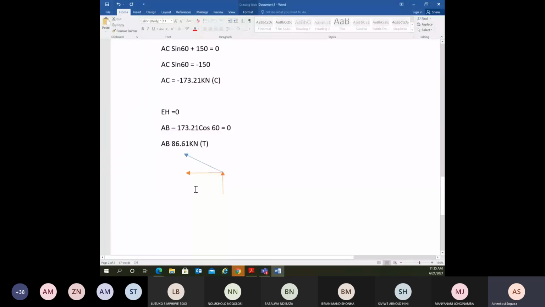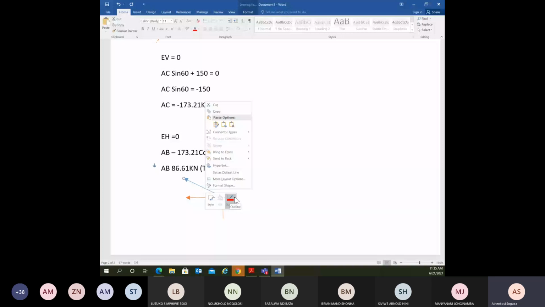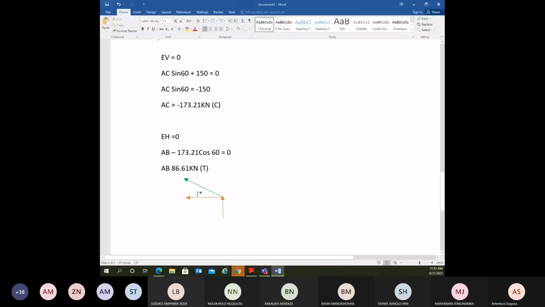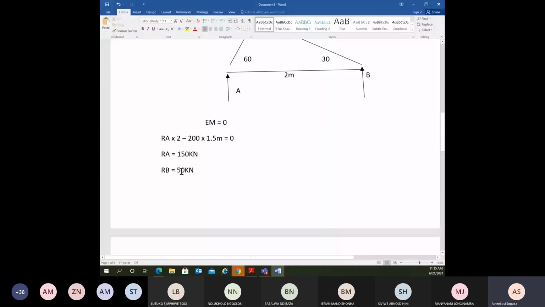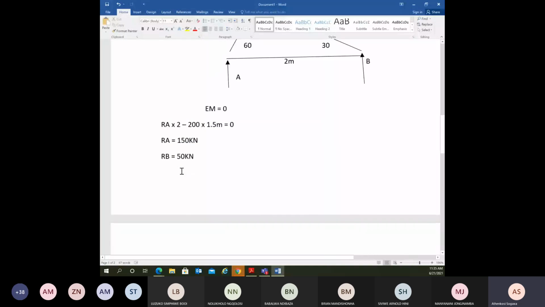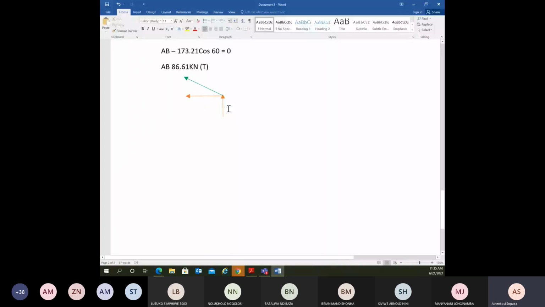Now, this one is an unknown, and we assume it's in tension. We know the angle is 30 degrees, and here we have reaction B, which we calculated as 50 kilonewtons. So this must be equal to 50 kilonewtons.